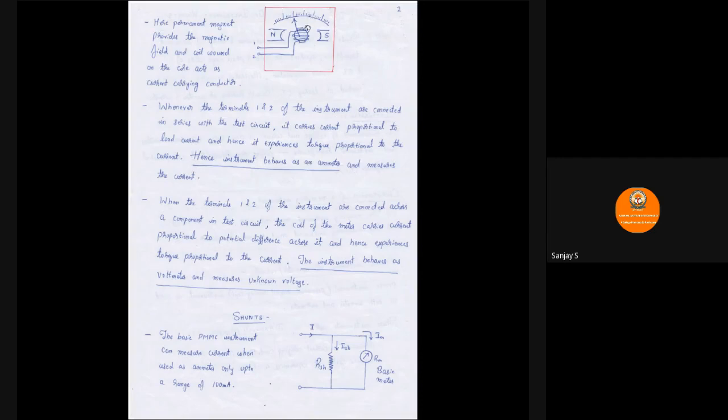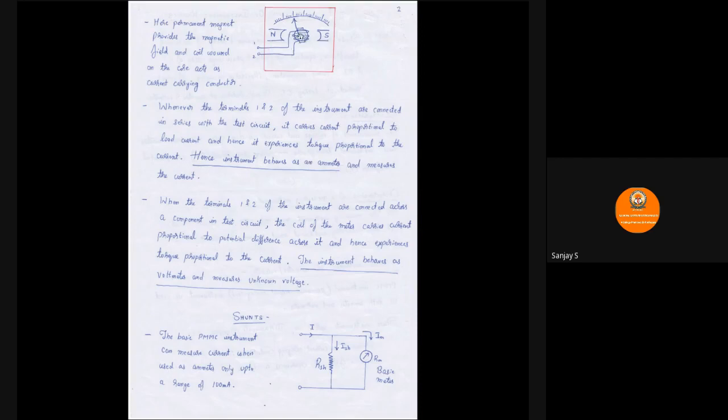Now in case we connect these terminals 1 and 2 in series with the test circuit, then the current that is flowing through this coil will be proportional to the current flowing in the circuit, the load current. Hence, as per d'Arsonval principle, any current carrying conductor placed in the influence of a magnetic field experiences a force.